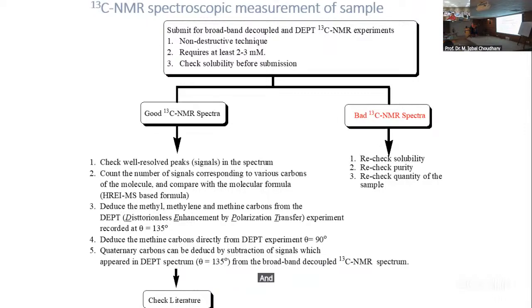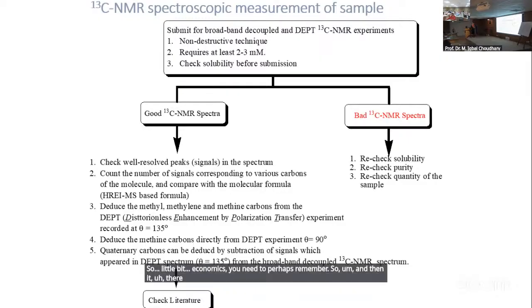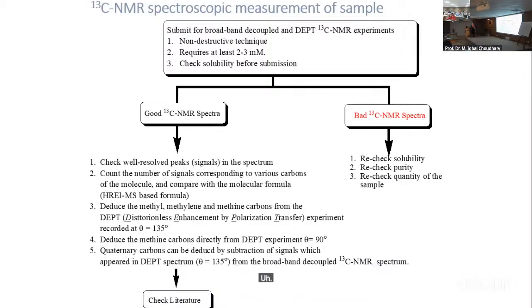And then you also have DEPT NMR, which is distortionless enhancement by polarization transfer. So these are a few acronyms you perhaps need to remember.